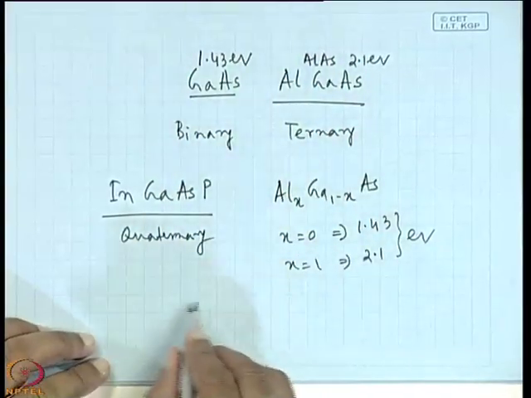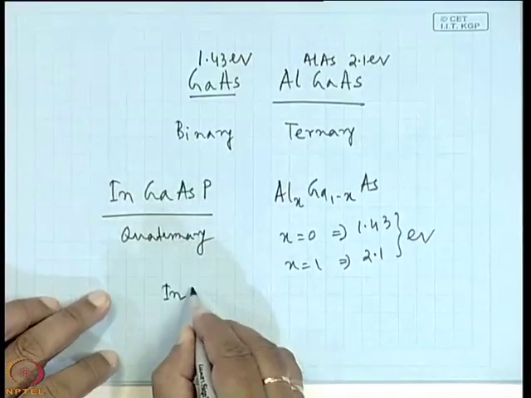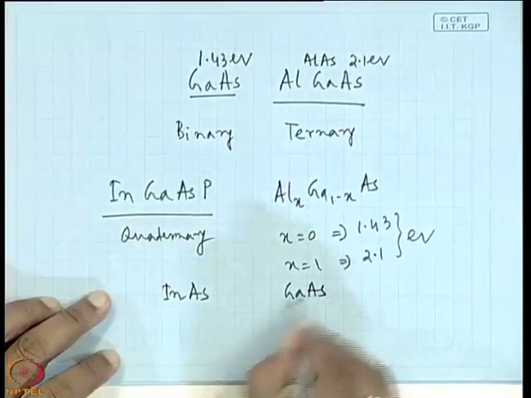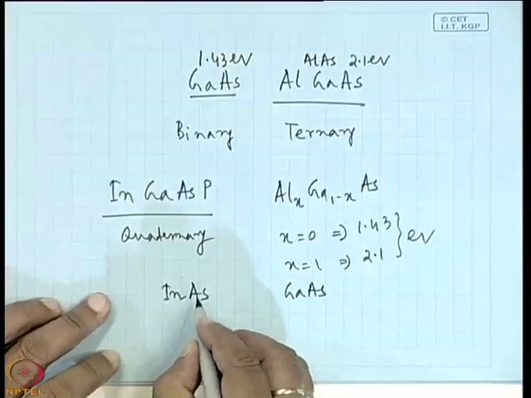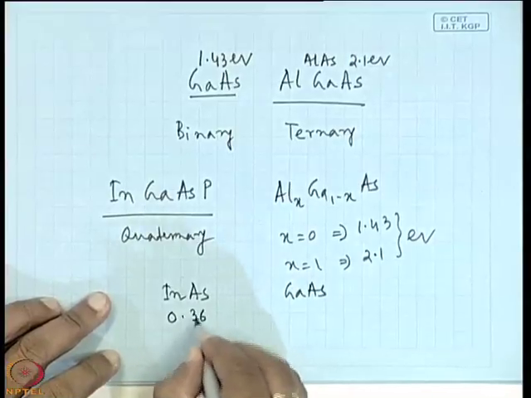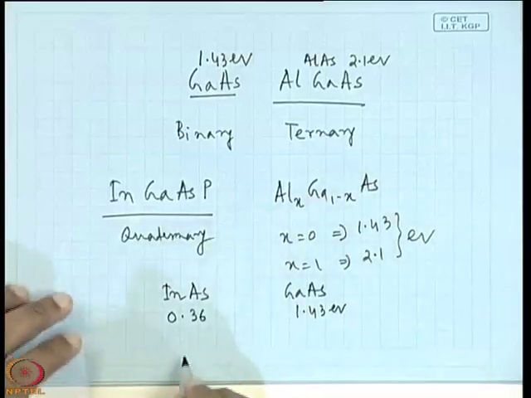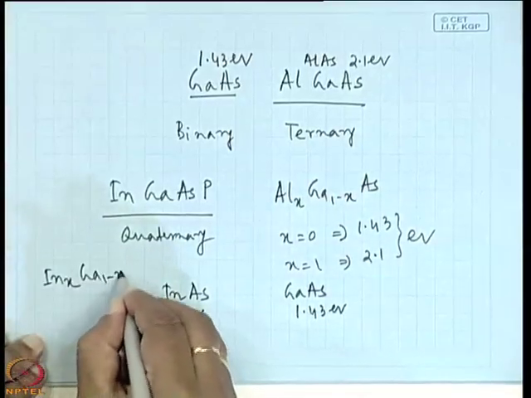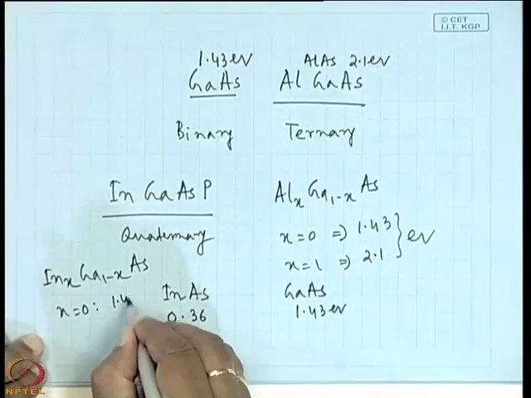Similarly, if you have indium gallium arsenide and gallium arsenide. Indium arsenide band gap is how much? 0.36, and gallium arsenide 1.43. So if you make indium gallium arsenide, for x equals 0, it is 1.43.